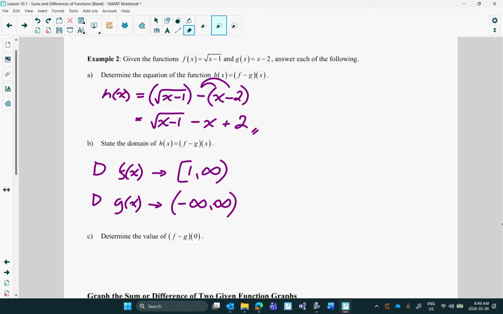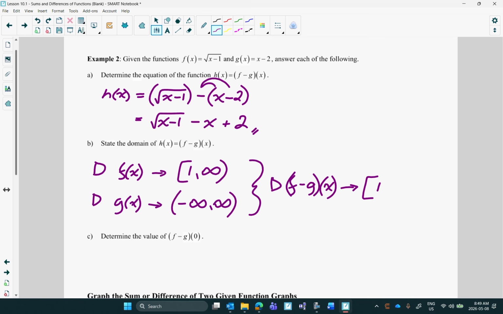Like this one goes forever both ways, but this one only starts at 1. So what they have in common is what you write: 1 to infinity.